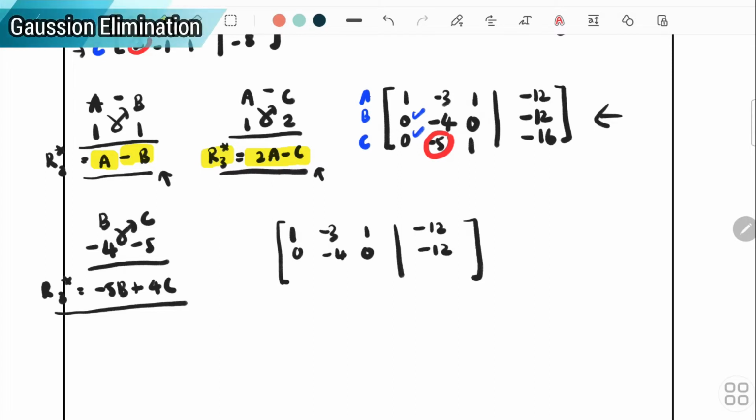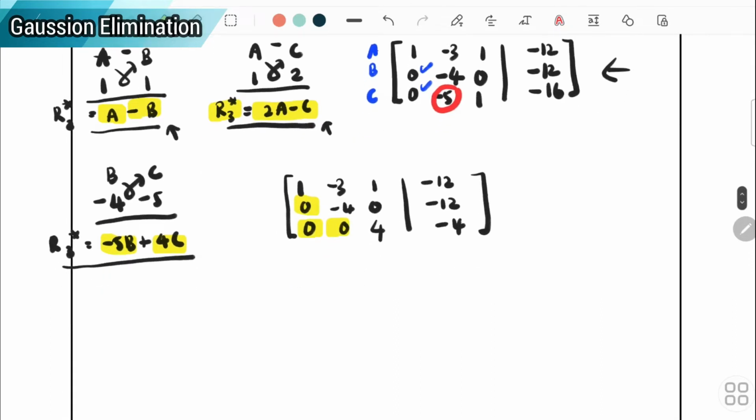The third row will be the new one, so calculate using your calculator and you get 0, 0, 4, -4. Now we have done this part that needed to become 0.